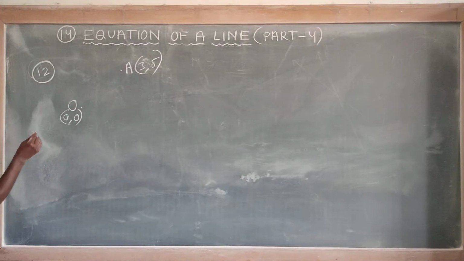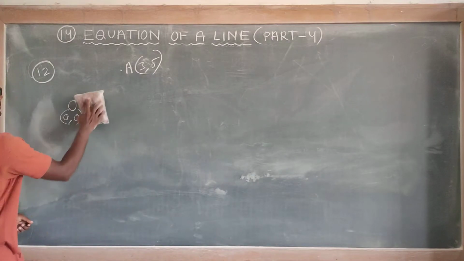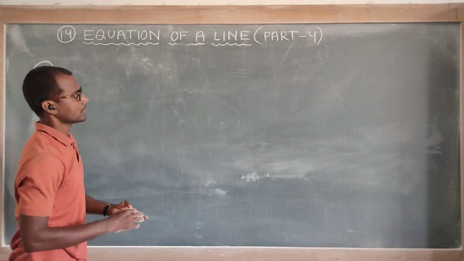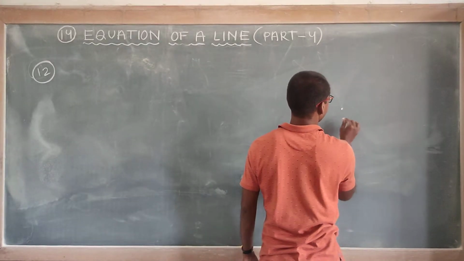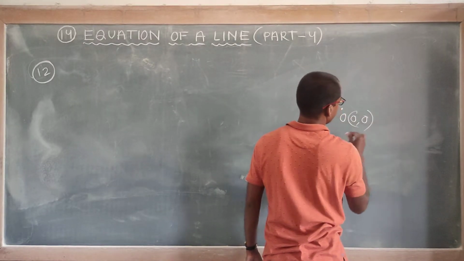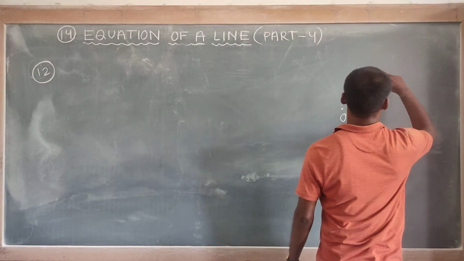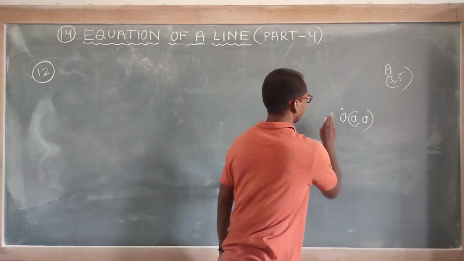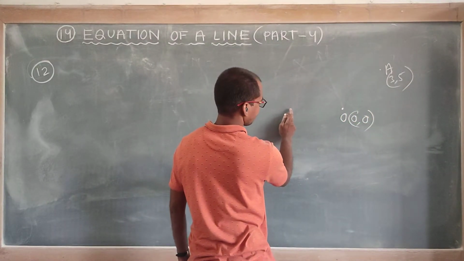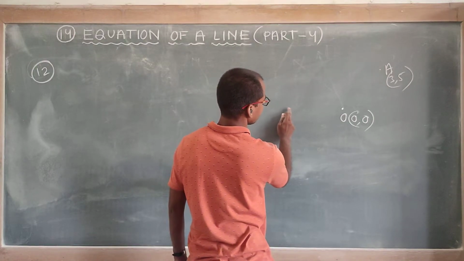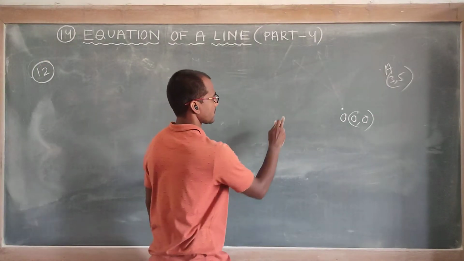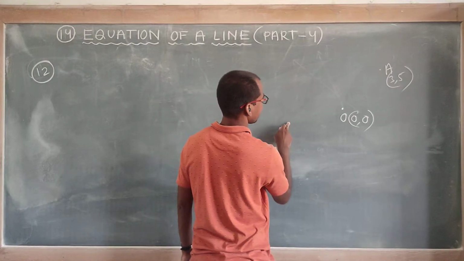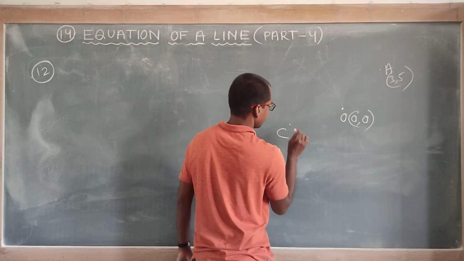We will drop minus 5 somewhere here. I am drawing again this one. Here I am drawing 0, 0, and 3, 5. Suppose this is A. Suppose this is minus 5, minus 3.